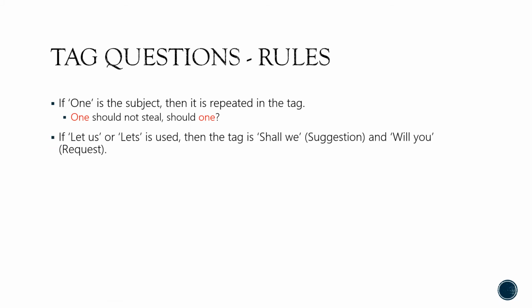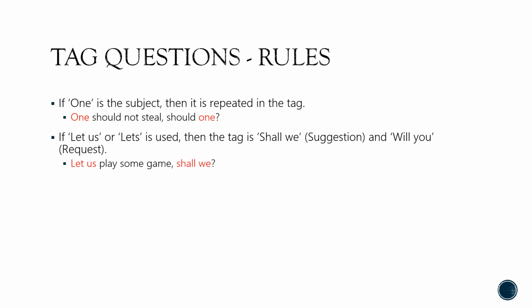If let us or let's is used, then the tag is shall we for a suggestion and will you for a request. Now, this I'll explain. You see, when we are giving an opinion or a suggestion and we are beginning the sentence with let's, like in, let's play some game, shall we?